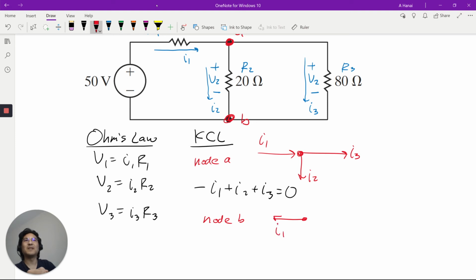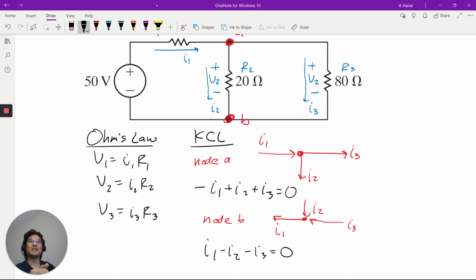And I2 is going downwards. And then I3 looks like this, right? So for node B, let's say leaving the node is positive. So then I1 minus I2 minus I3 equals 0.